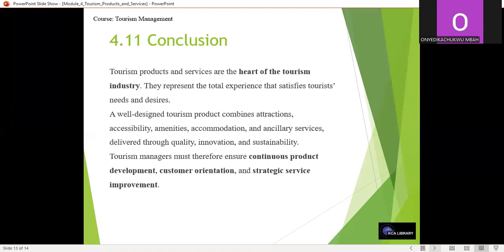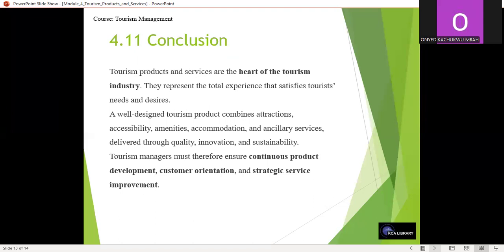And now, in conclusion, tourism products and services are the heart of the tourism industry. They represent the total experience that satisfies tourists' needs and desires.